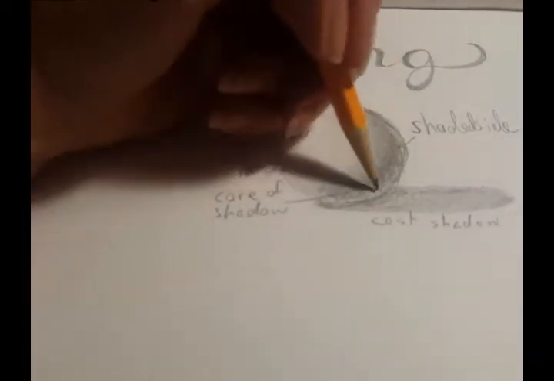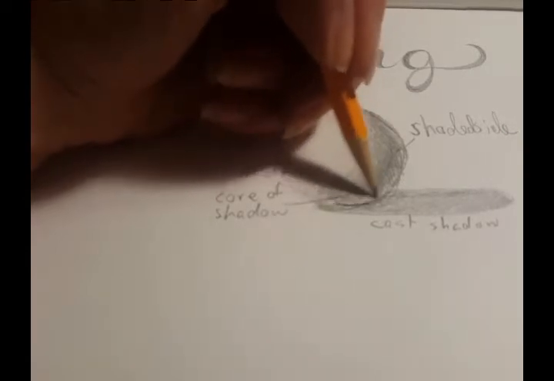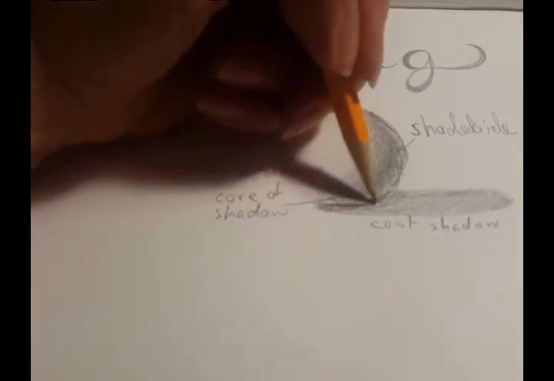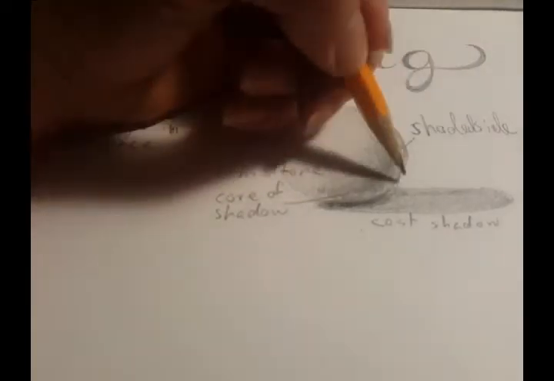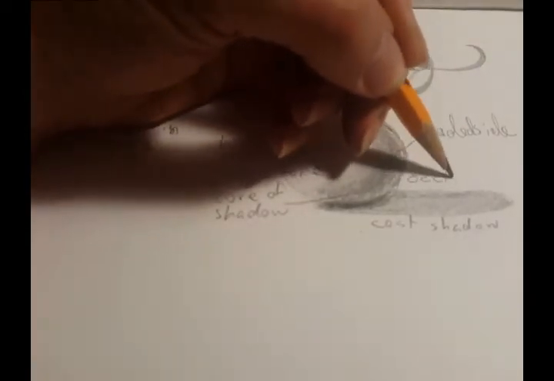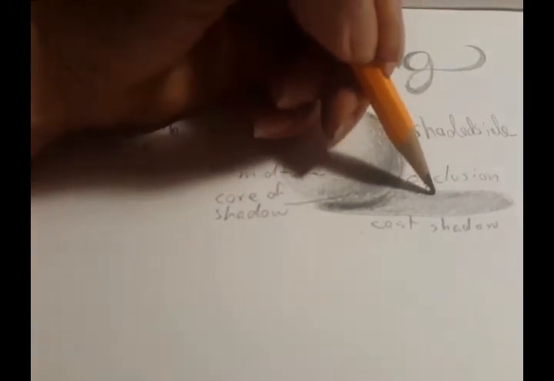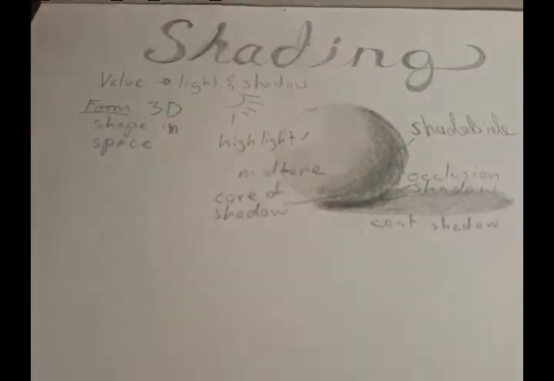It's right underneath here. The light's basically squeezed out from the space in between the ball and the table. So it makes a very intense area of shadow with a special name, and that's called an occlusion shadow. To occlude means to block.